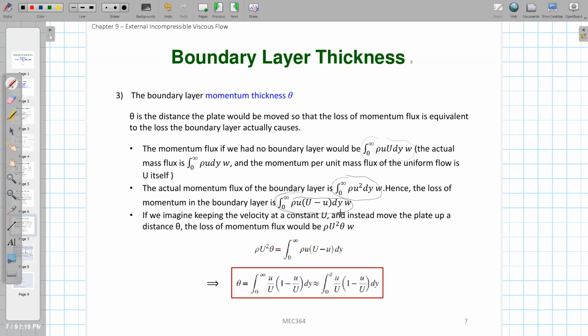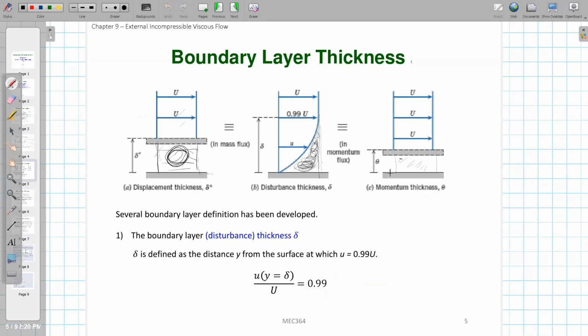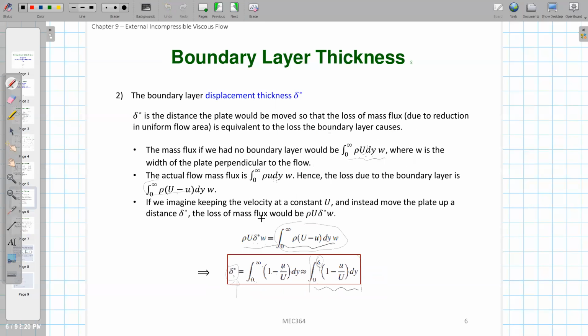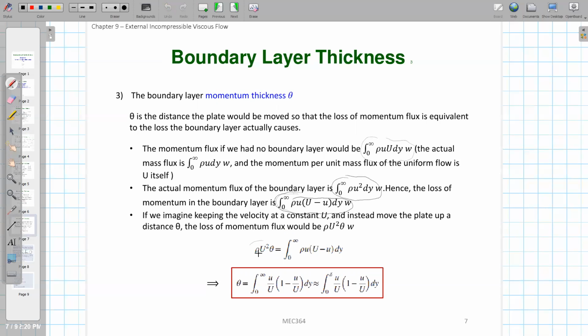And you want this to be equal to what you remove over theta, rho times large U square theta. So rho times large U square theta will be equal to the reduced momentum, which is this value. You rewrite this, and you get the definition of the momentum thickness theta as this.